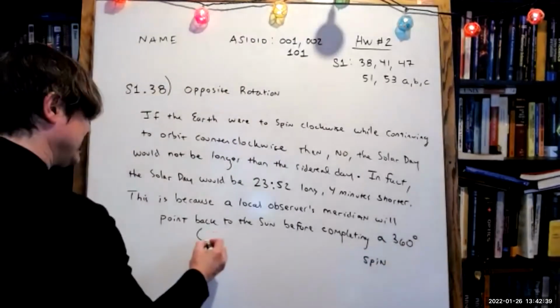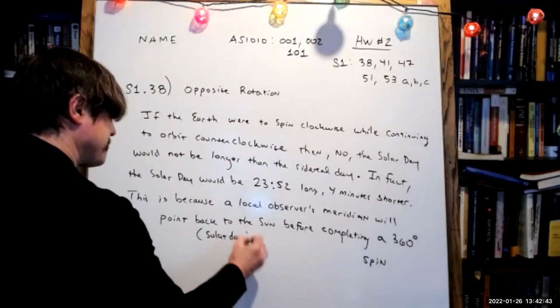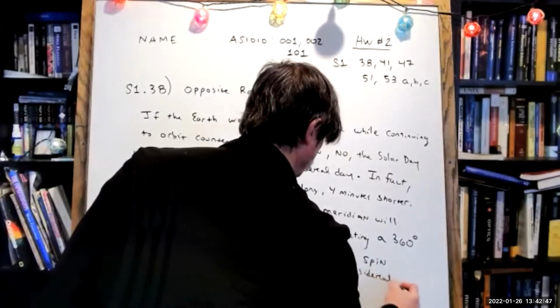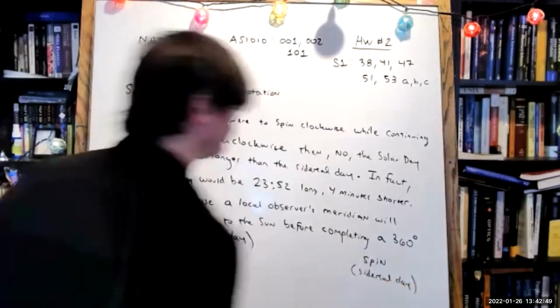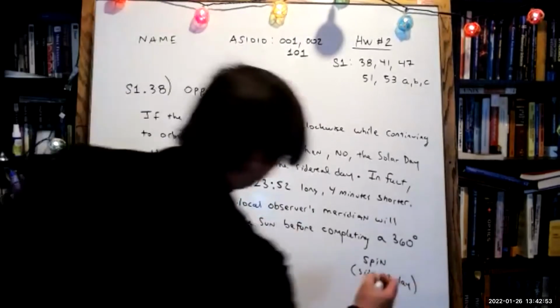Whereas pointing back to the sun is the solar day, and completing a 360-degree spin is the sidereal day. That's how you answer this question like a boss, okay?